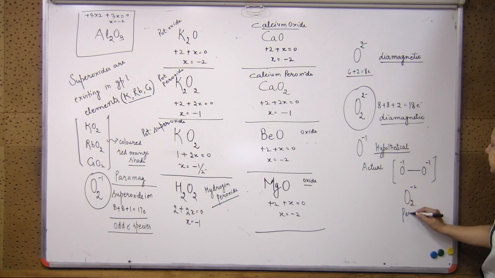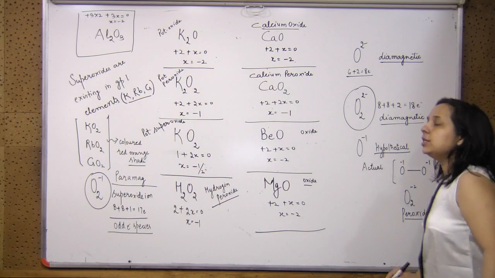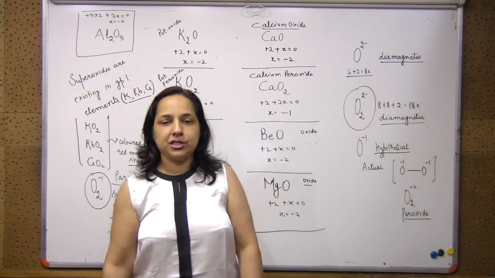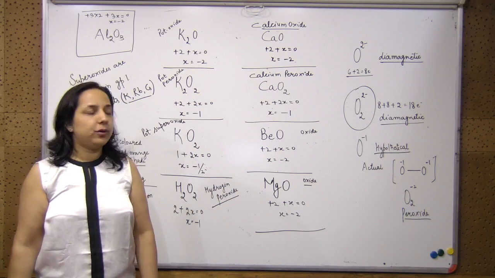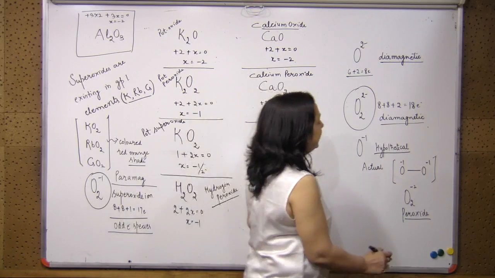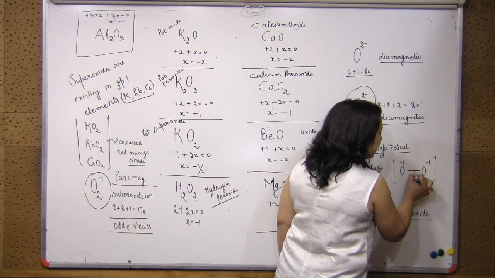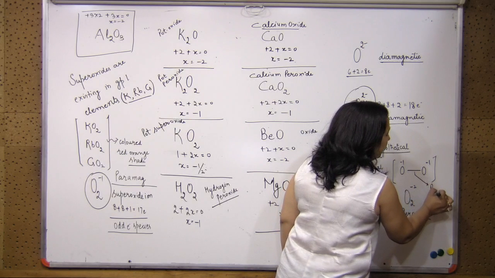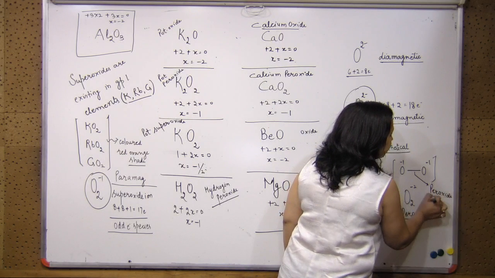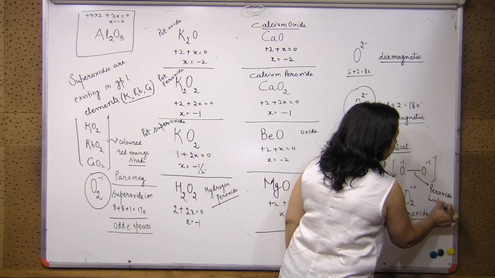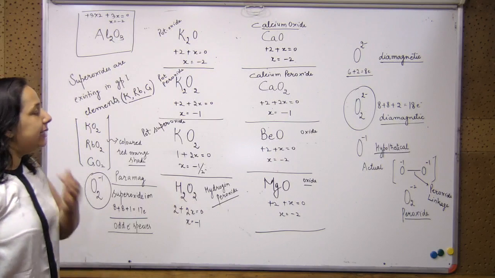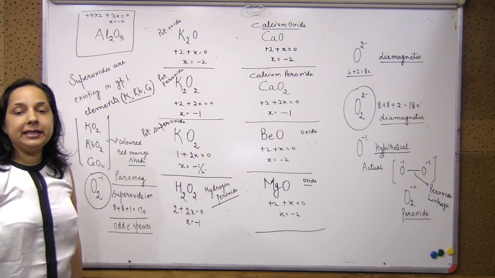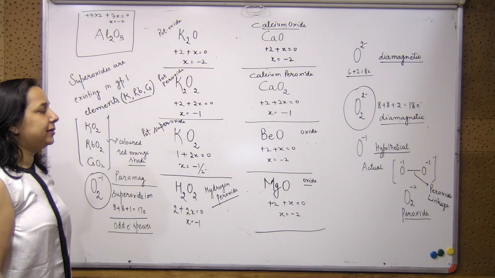And this is peroxide. Peroxide is not a single oxygen with negative charge. It is 2 oxygens with 2 negative charge. Right? O2 2 negative ion is peroxide. This linkage is called the peroxide linkage, present between 2 oxygen atoms.